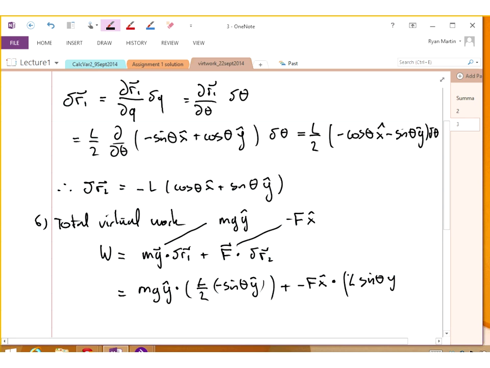And that's a minus L sine theta y hat, I believe. No, it's not the y hat that matters, it's the cos theta, it's the x hat. Right, it's this term here. And that's minus L cos theta x hat.